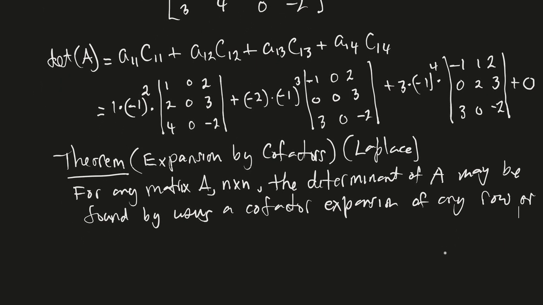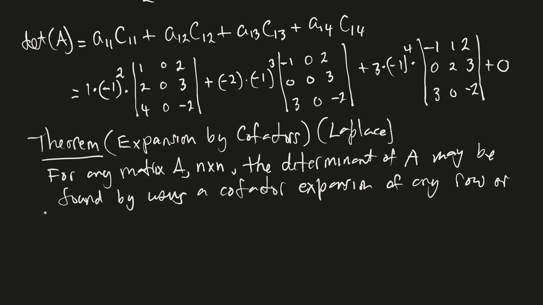So what I'm going to do is write down 2 expressions that represent this. If we are using row i, the row i expansion would look like this.